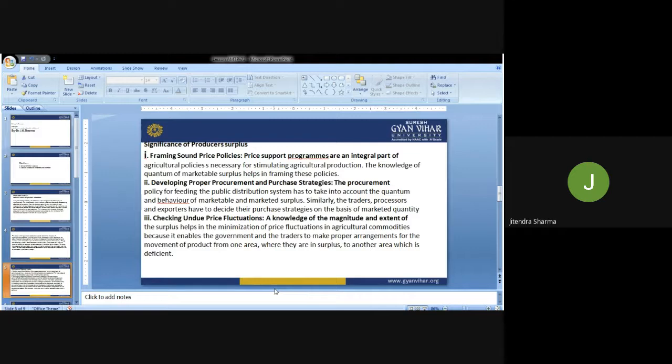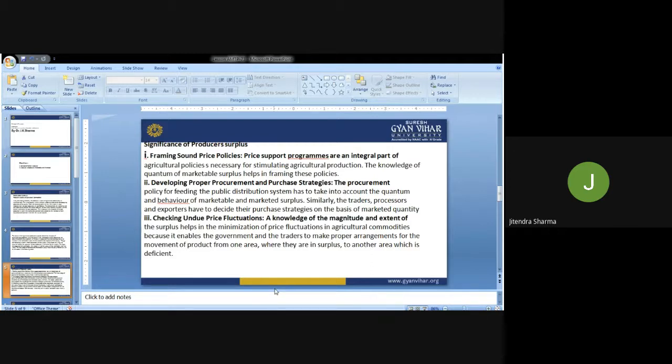The procurement policy for feeding the public distribution system (PDS) has to take into account the quantum and behavior of marketable and marketed surplus. That is also part of it. On that basis we will give incentives to the farmers to produce goods to that level.